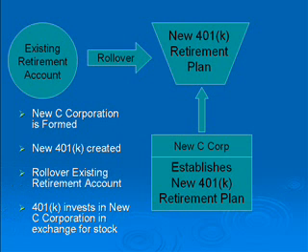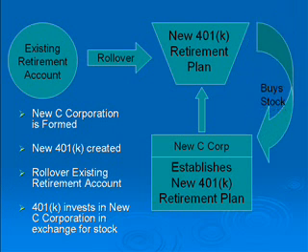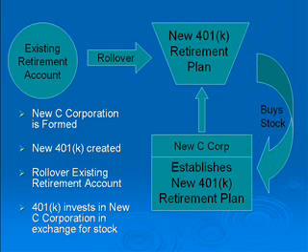And then the 401k plan turns around and invests in the C corporation in exchange for stock. This is how you've taken existing retirement funds, moved them to a new account, and invested that in your new company.